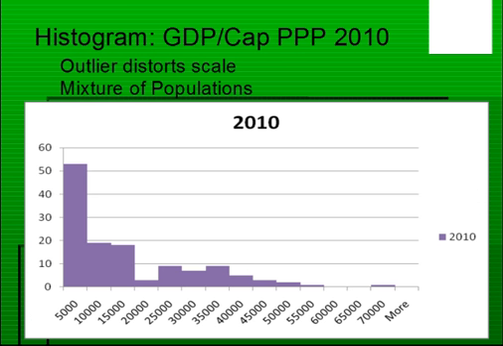Actually, it's in the bin which is between 65,000 and 70,000, and there is exactly one country in that bin, and you can see the small purple bar, which shows that there is one country in the range between 65 and 70.